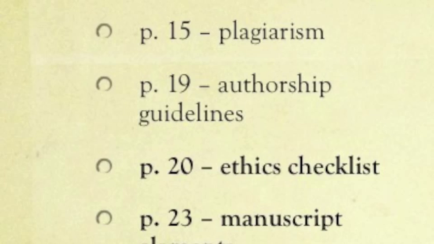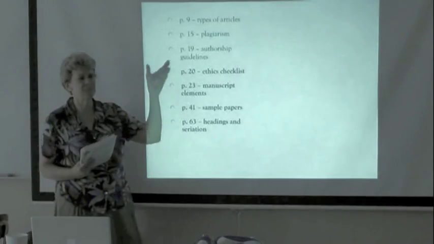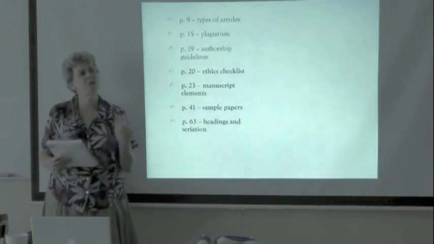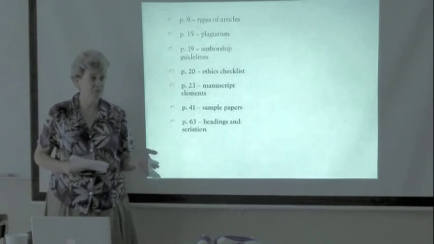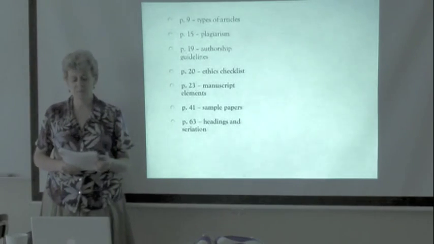On page 19 are authorship guidelines, and the reason it's at the very top, the reason I noted that is because that seems to be a very confusing factor for many, many students, and at any university I've ever taught at, people have problems with this.